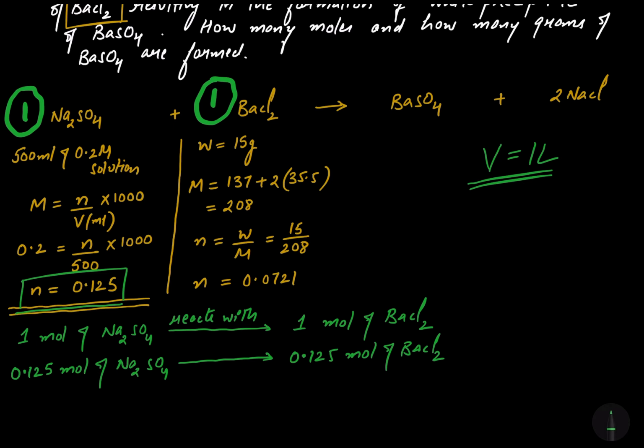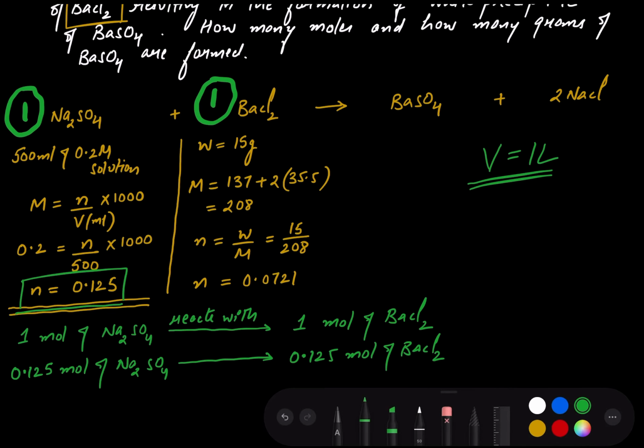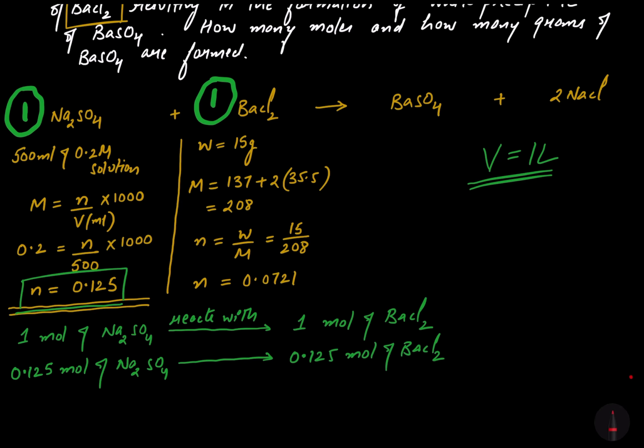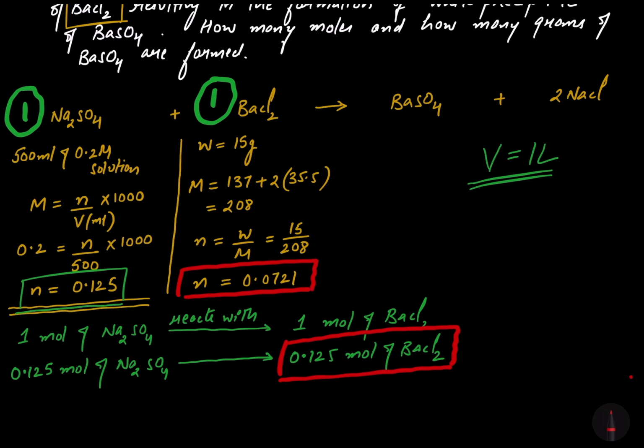So now again carefully see the data. We were required 0.125 mole of barium chloride, but in the question we were available with only 0.0721 mole of barium chloride.